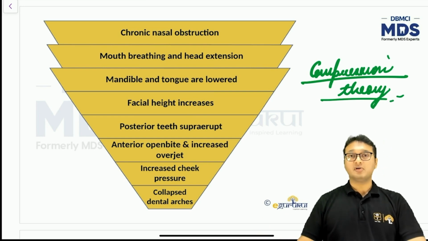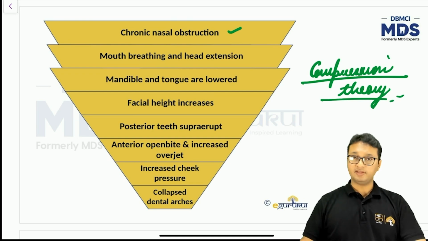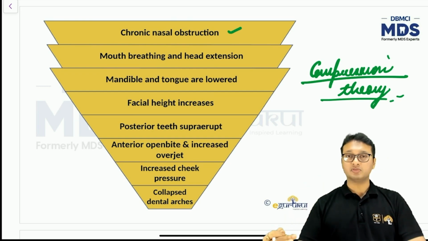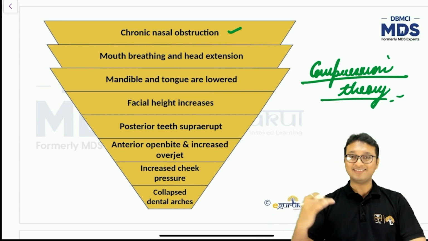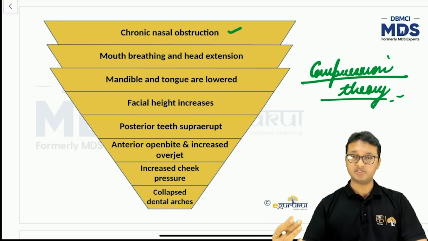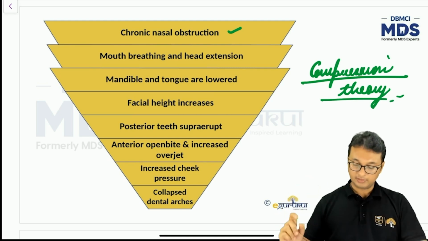So patients who resort to oral breathing naturally have chronic nasal obstruction. That is why they are resorting to oral breathing, because breathing through the mouth obviously provides lesser resistance to airflow. The patient does not have to expend larger energy in inhalation of the air, right?